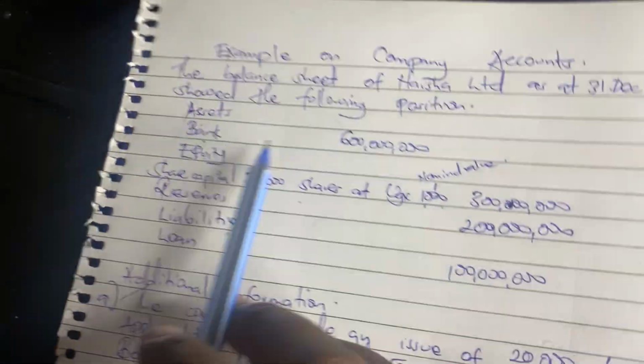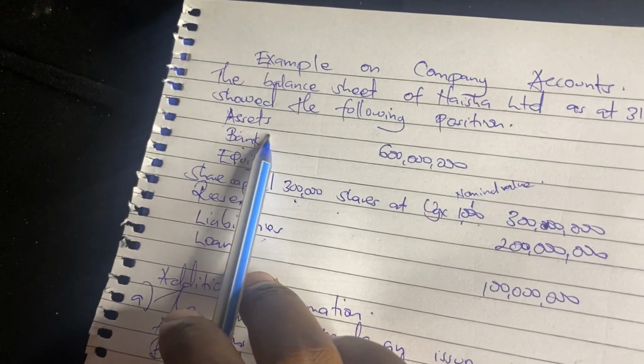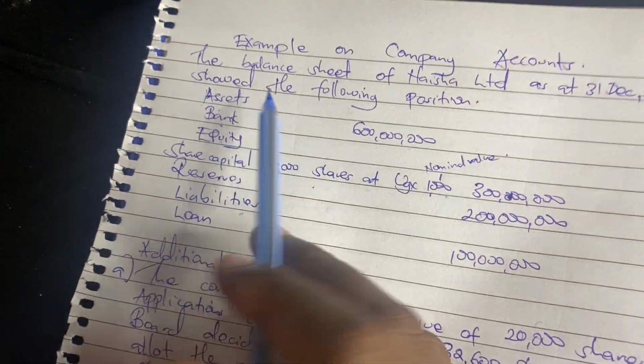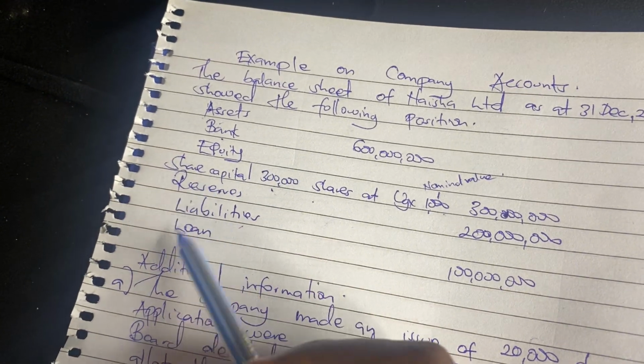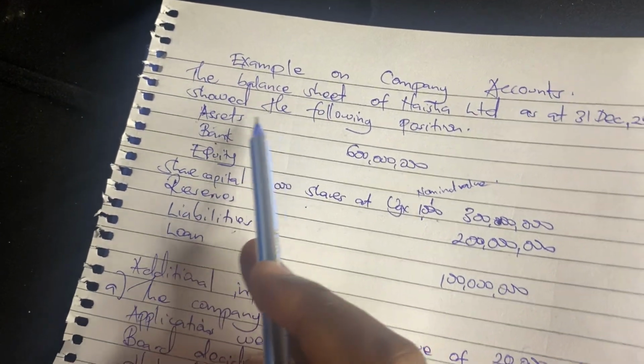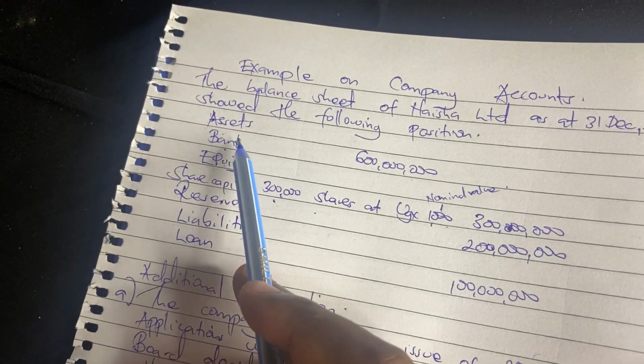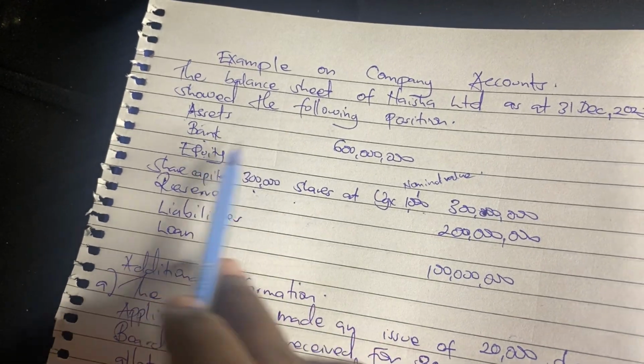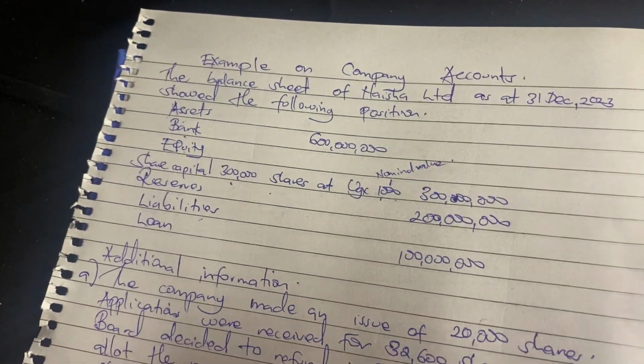So when they give you a balance sheet, what you are supposed to do, you go under assets, you only choose bank. They can give you a balance sheet whereby it has other assets like machine, plant, furniture, stock. You only take bank. It's what we are interested in.